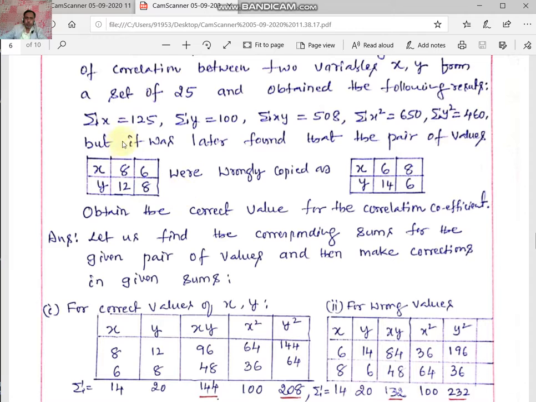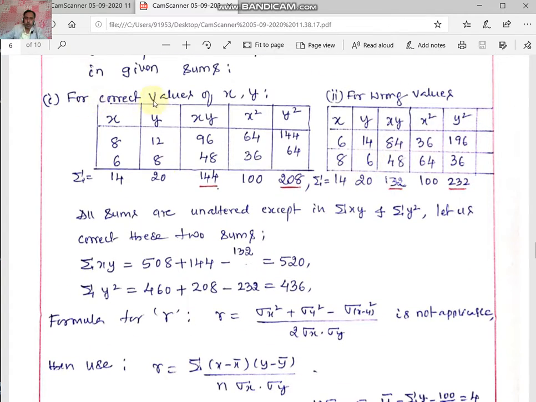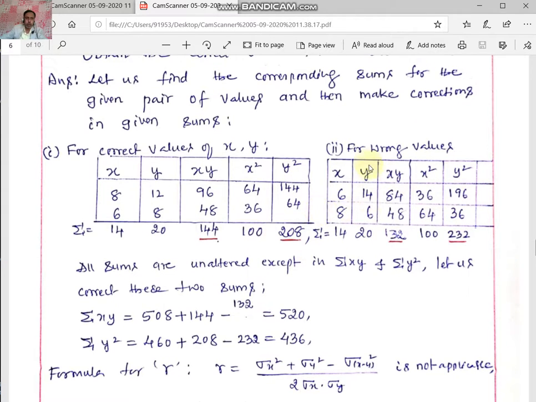So what we have to do? These sums we have to correct first. That is, for correct values of x and y, the x values, y values, their product, their corresponding squares and also their sums. For wrong values, the x value, y value, product xy, x square, y square and their sums. Now we have to correct one by one.